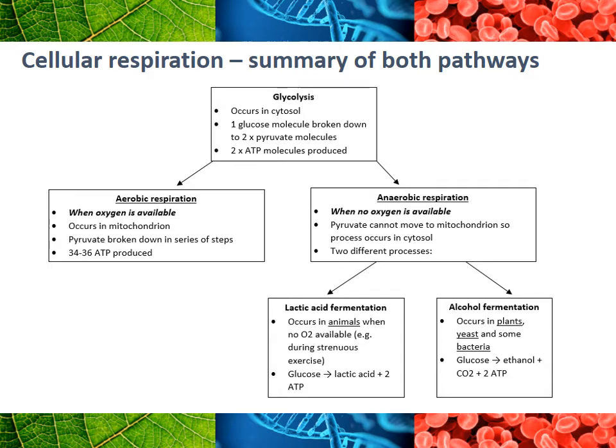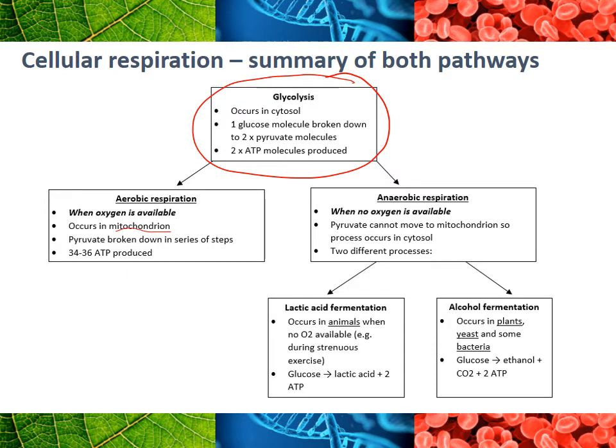So if we go back to our summary diagram, we've done glycolysis. We're going to move into aerobic respiration now. So this will happen when there is oxygen available, which is the majority of the time. Remembering glycolysis occurred in the cytosol, whereas aerobic respiration occurs in mitochondria.